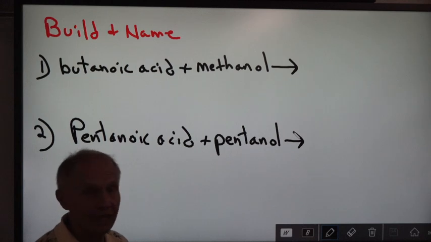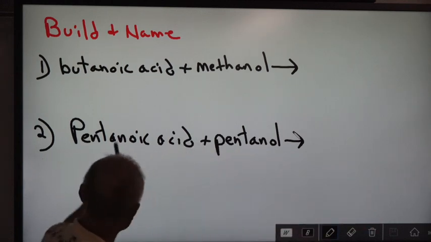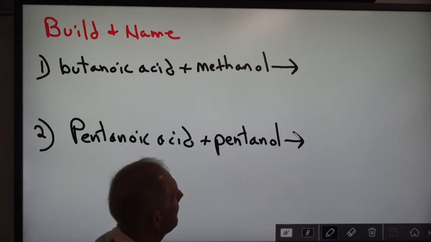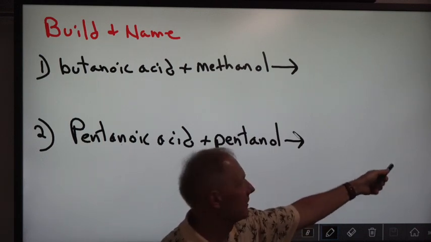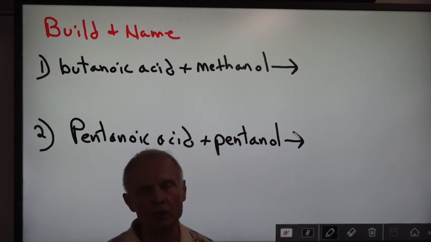All right, same thing. Name it, add water over there, build pentanoic acid, build pentanol, drop the water off, build whatever the name of this is, and then give me the molecular formula. 2 questions to do for this video. Now, there's a couple more things we have to write down, and then you can do your homework.